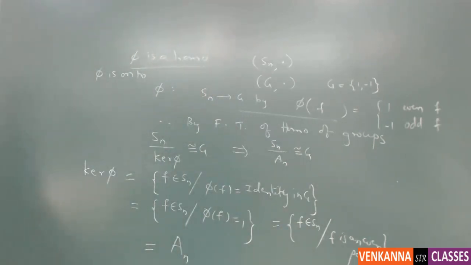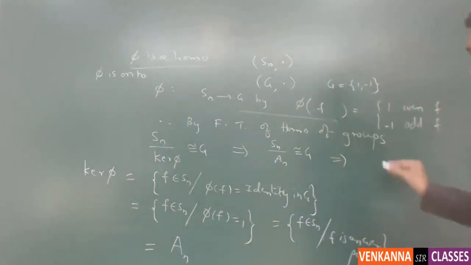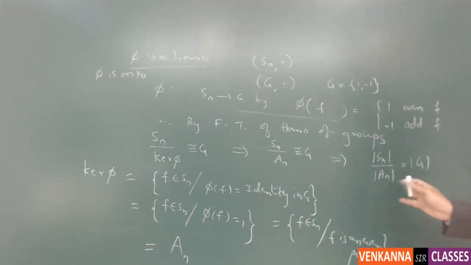As and when you mention isomorphism, it means you have a bijection between the sets, apart from homomorphism. So it means that on both sides you will have an equal number of elements. So from this, you can say that order of Sn by order of An is equal to order of G. Here order is nothing but the cardinality of the set, the total number of elements you are considering.